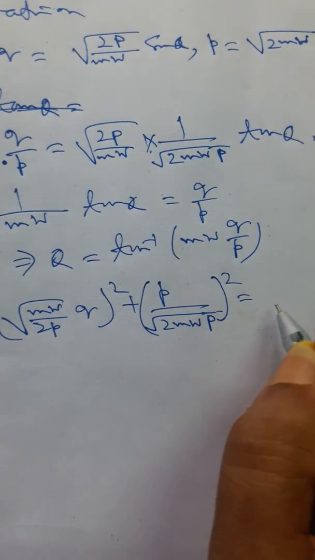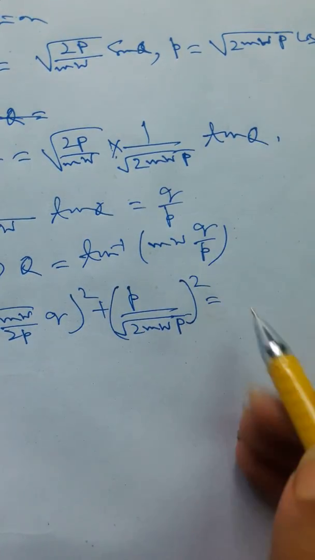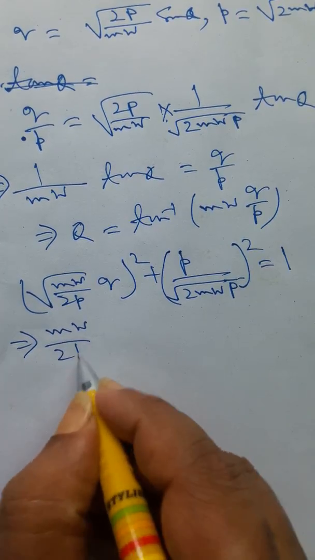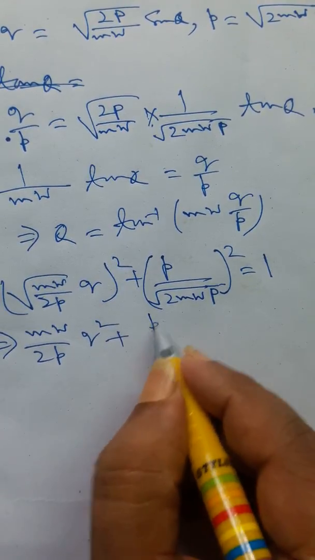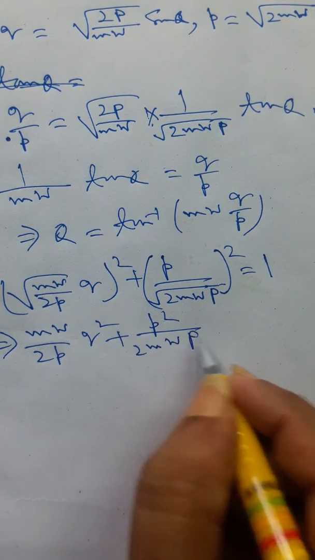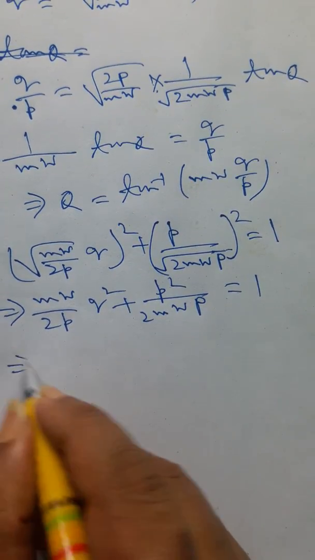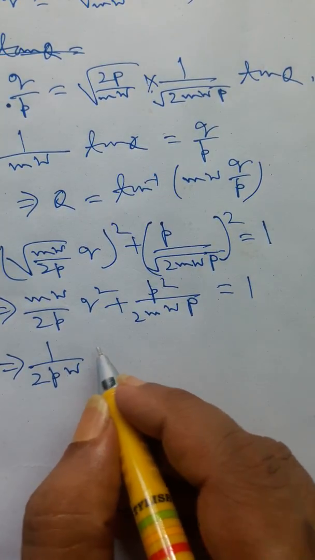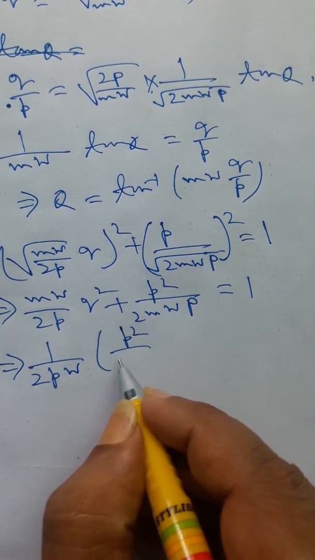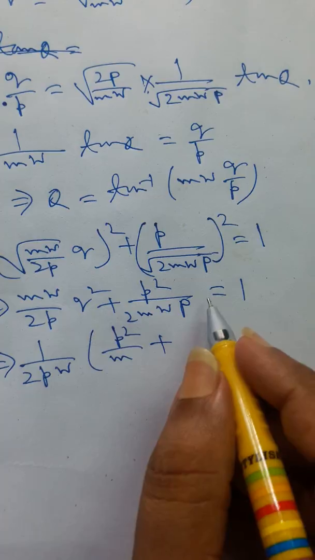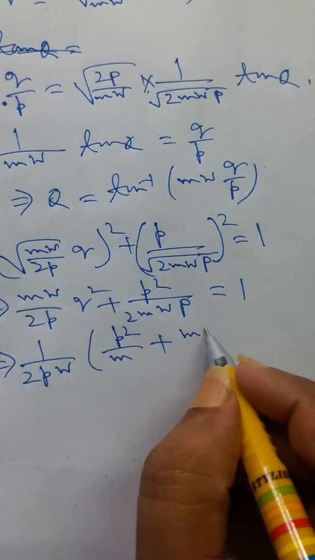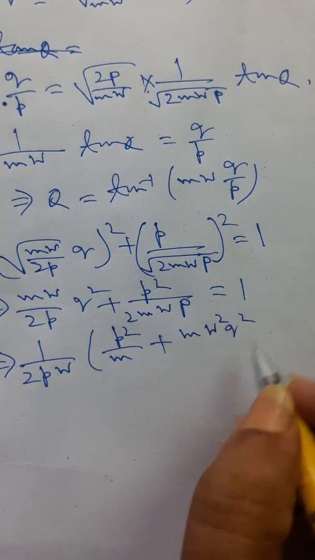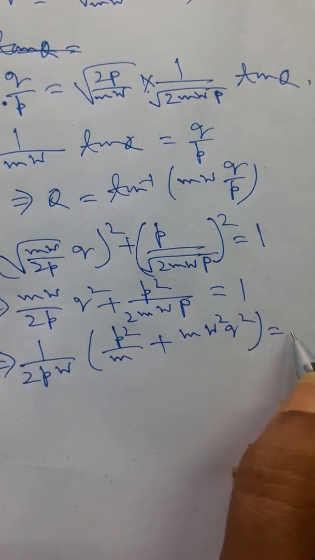that whole square is equal to cos square q plus sin square q, that will be 1, which implies m omega by twice P into Q square plus p square by twice m omega P, that will be 1. So here we have 1 by twice P omega, that will be p square by m plus m omega square Q square is equal to 1.